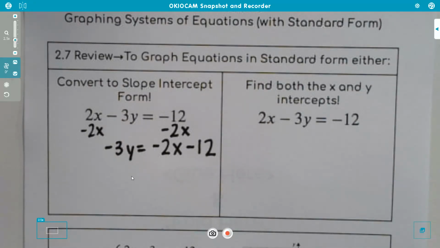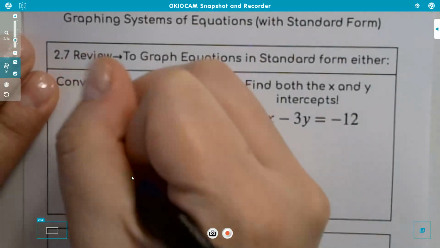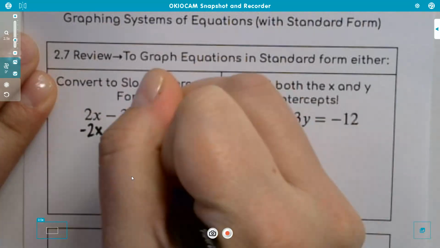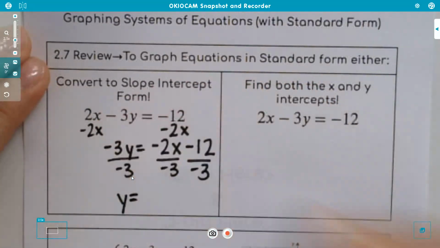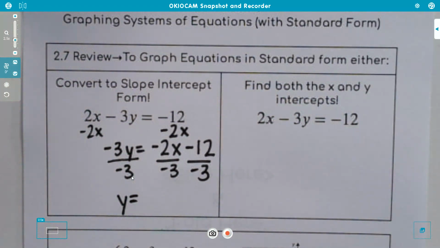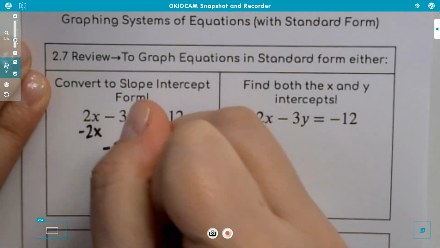What do I need to do now to get y by itself? Divide by the negative 3. Awesome. So divide everything by the negative 3. I get y equals negative 2 divided by negative 3. We're going to leave that as a fraction, but that negative divided by a negative is going to become positive. So it's going to be 2/3 x.